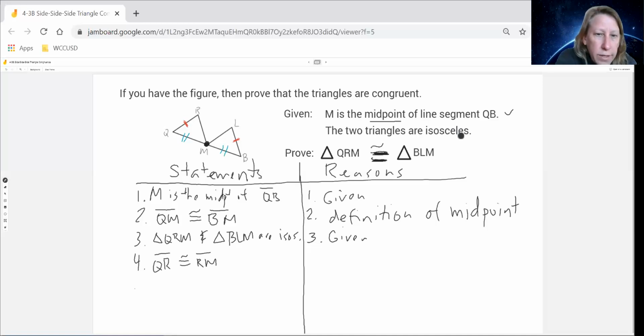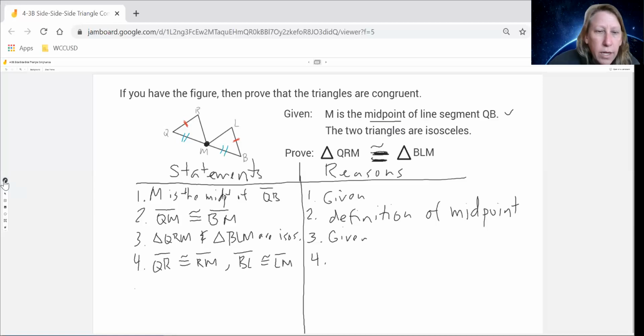At the same time, I'm going to say that line segment BL is the same size and shape as line segment LM.